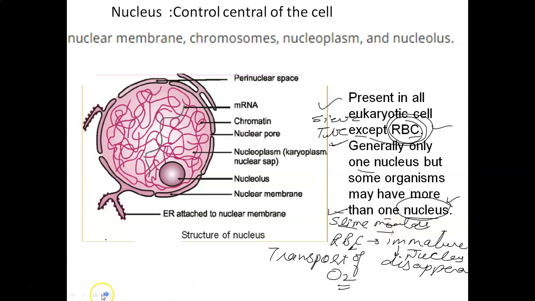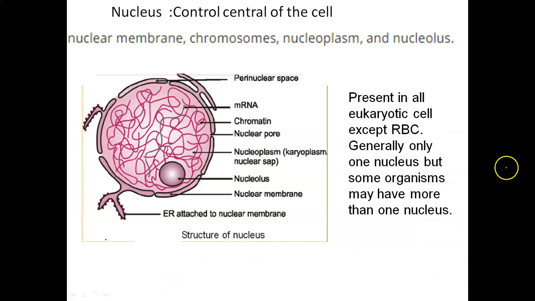Now we come to the next part. We have the first part, that is the nuclear membrane and its function. Now we come to the next part, that is chromosome. Children, chromosome is actually present in the form of a network which is known as chromatin network, this one.